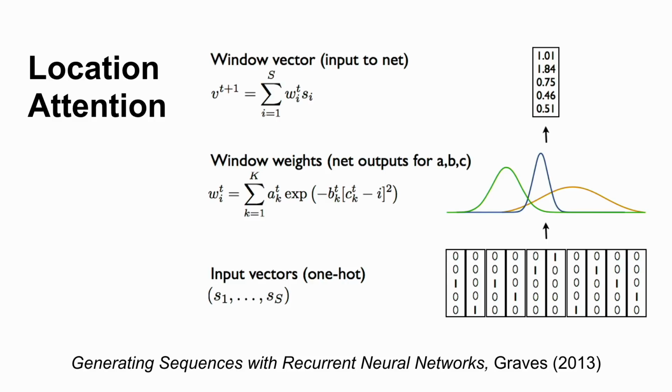If you imagine that these things are indexed left to right, there's the 0th vector, the 1st, 2nd, 3rd, 4th, and so on, then basically what you're saying is the parameters of the Gaussian say something like, well, I want you to look at the 3rd element of the text sequence with some variance, maybe plus or minus 2 characters surrounding it, right?